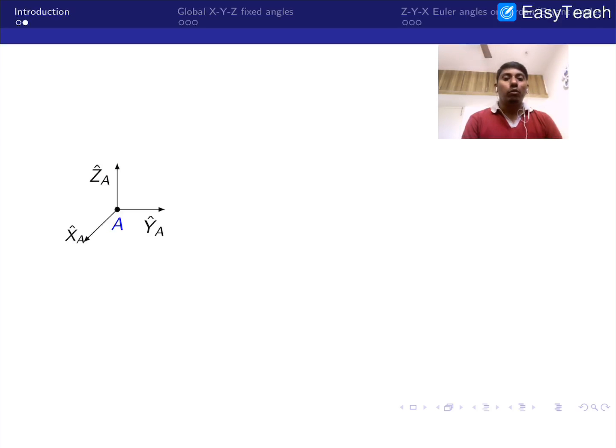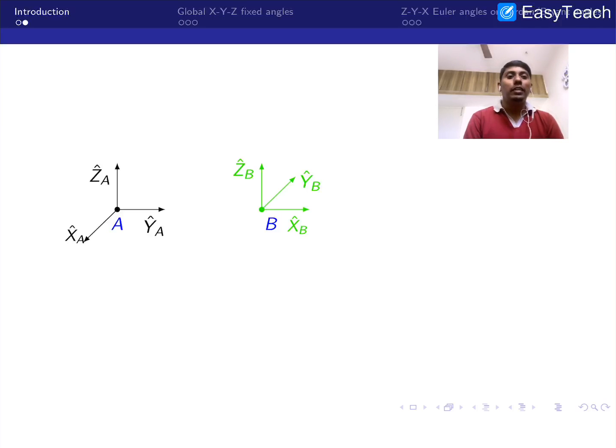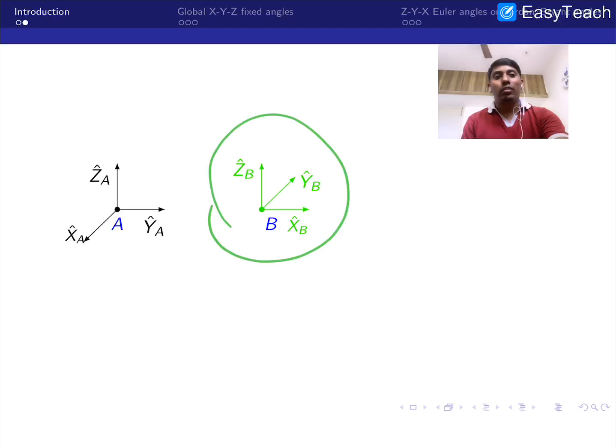For that I'm taking one simple example. I am taking a standard frame A, associated with a Cartesian coordinate frame, where the unit vectors are XA cap, YA cap and ZA cap. Now there is one body frame already located in that space, and it is not directly aligned with the A frame, so A and B are rotated apart.